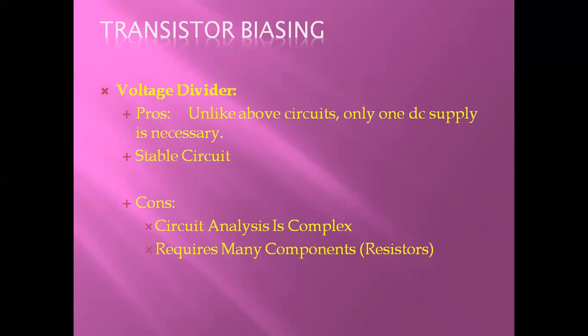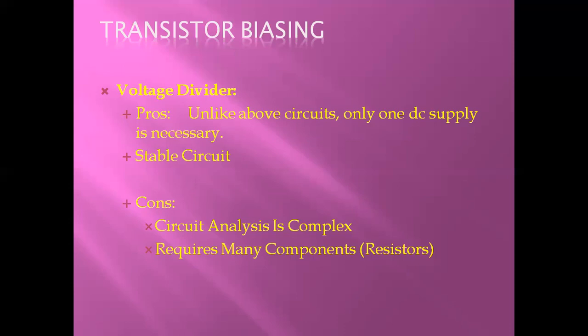Coming to the collector or voltage divider bias, its construction comprises a number of components, that is different types of resistors, which we use to carry the voltage at different current levels, that is ohms.